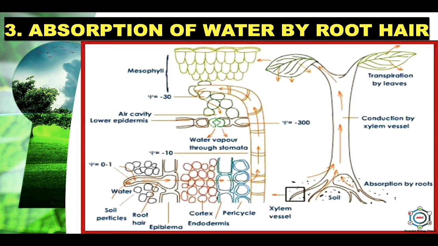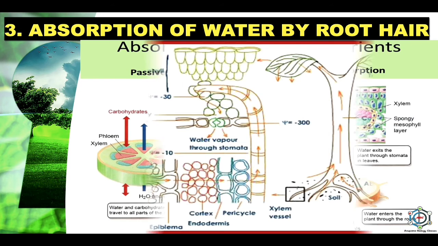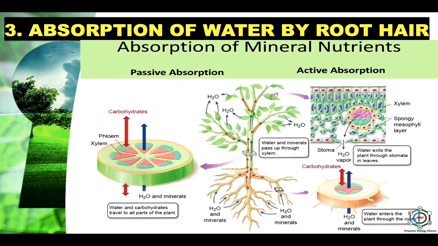It is surrounded on all sides by the living tissues of the pericycle, endodermis, cortex and epidermis. Thus, the tension developed at the upper end of the xylem is transmitted downward up to the extreme tips of the roots. The water enters the root hairs due to a driving force originating in the shoot. Such absorption of water is regarded as passive absorption.